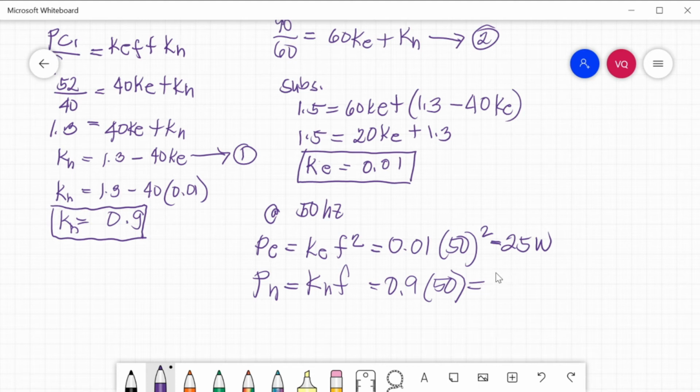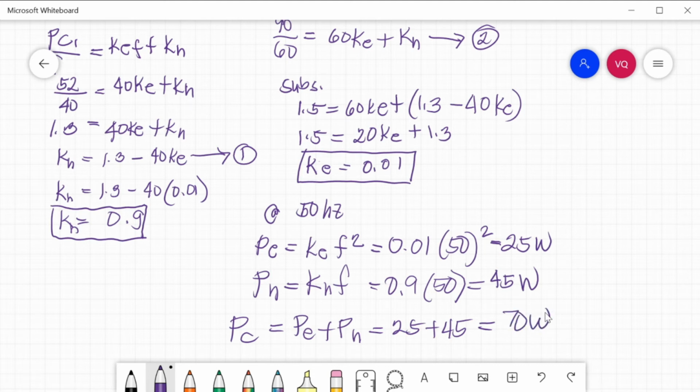That is 45 watts. So the core loss at 50 Hertz will be equal to PE plus PH, 25 plus 45 watts, which is equal to 70 watts.